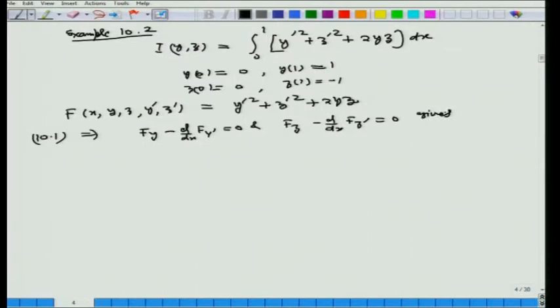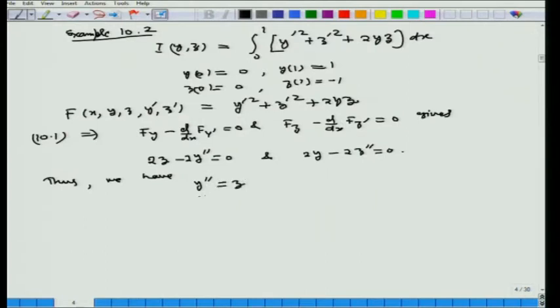Here this gives 2z minus 2y double prime equal to 0 and 2y minus 2z double prime equal to 0. So, thus we have y double prime equal to z and z double prime equal to y.